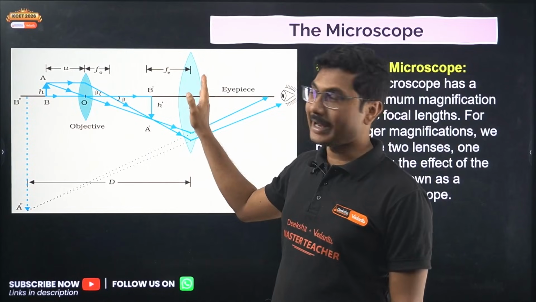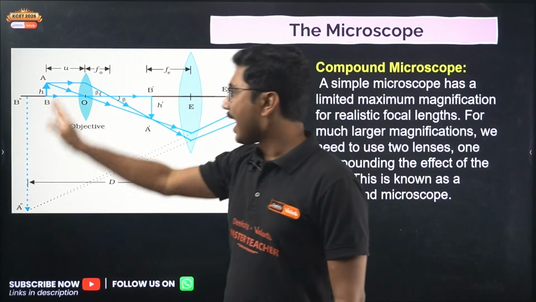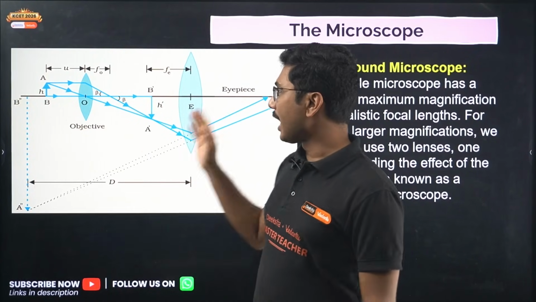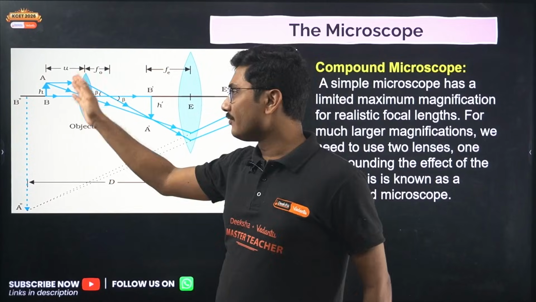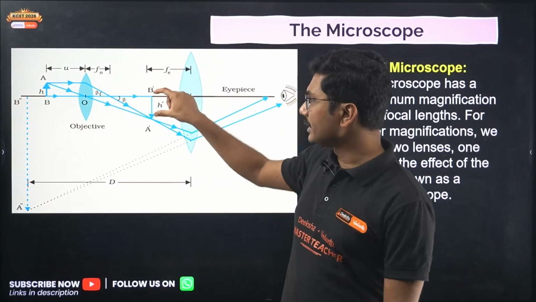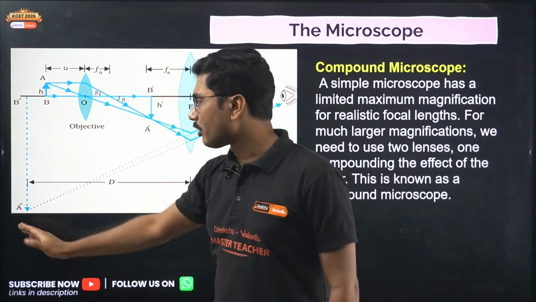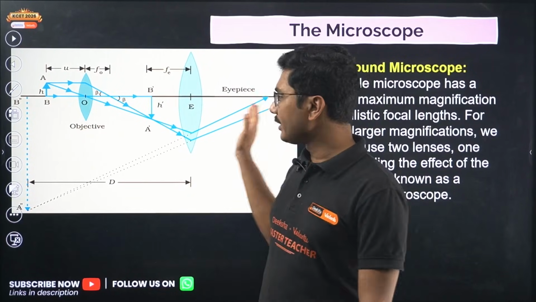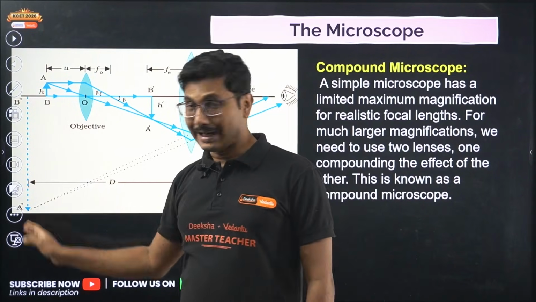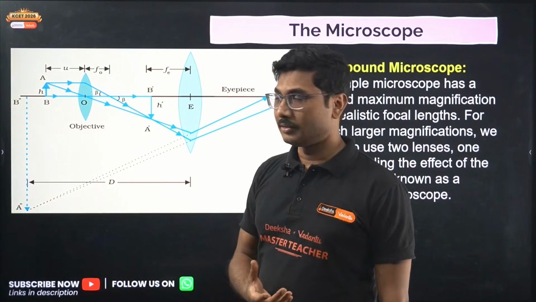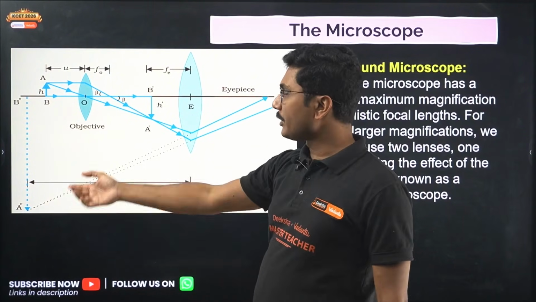The eyepiece, on the other hand, forms a virtual image, and it is still inverted. Because the first image is inverted, this image will also be inverted, and it is forming an enlarged and virtual image.